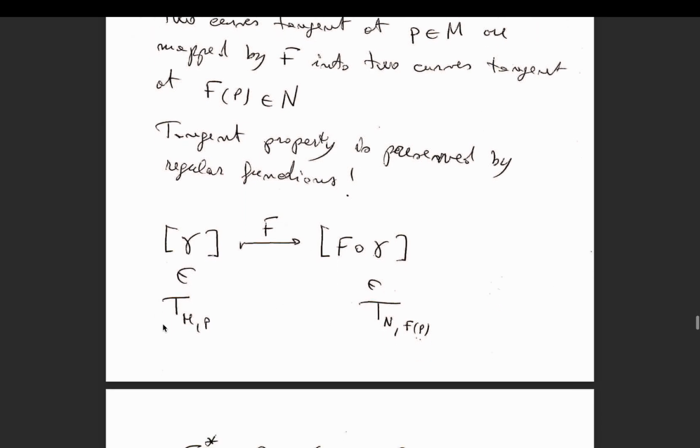This means that the equivalence classes of curves tangent at a point P are mapped into respective equivalence classes of curves tangent at the point F(P).